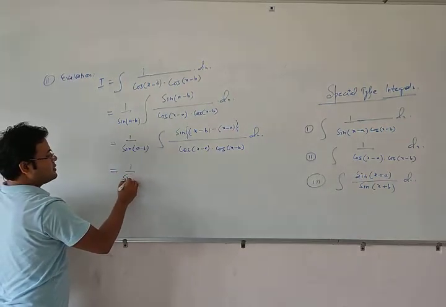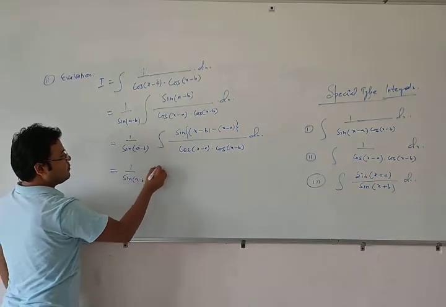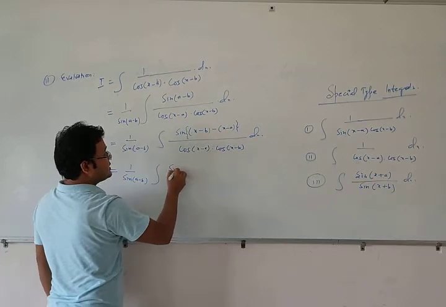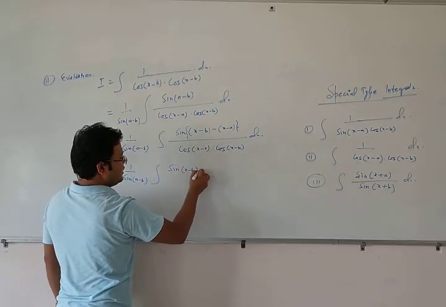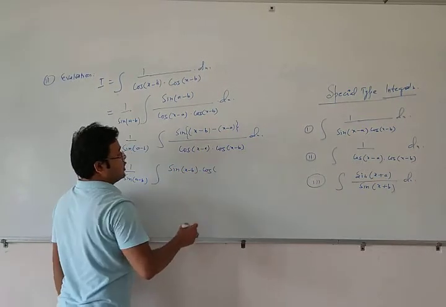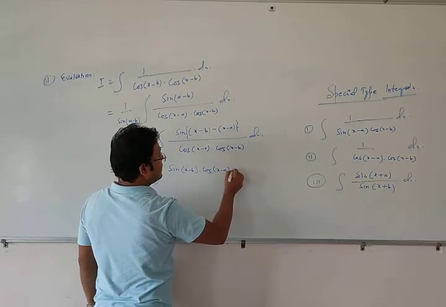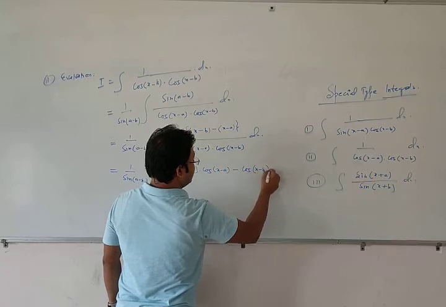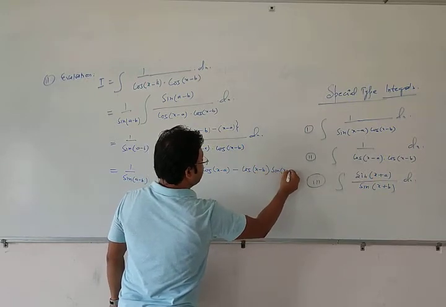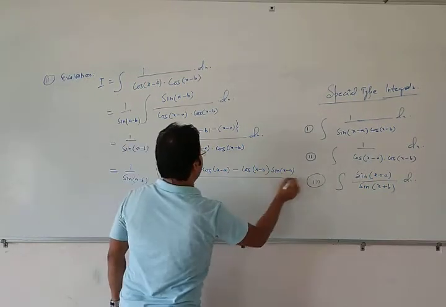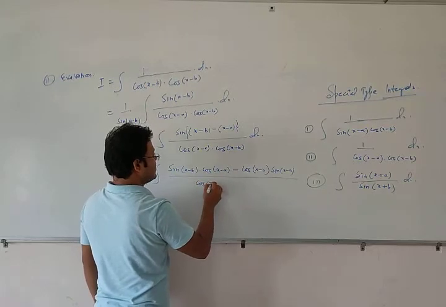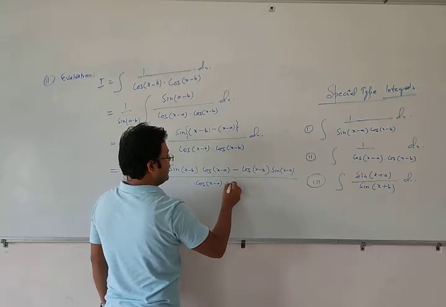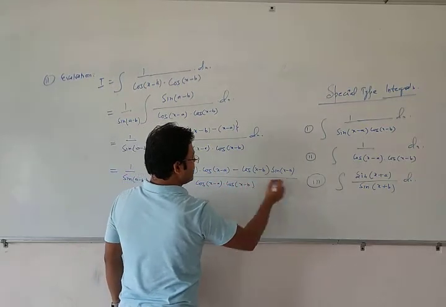One upon sin(a minus b), and the formula is sin(x minus b) cos(x minus a) minus cos(x minus b) sin(x minus a), upon cos(x minus a) into cos(x minus b).